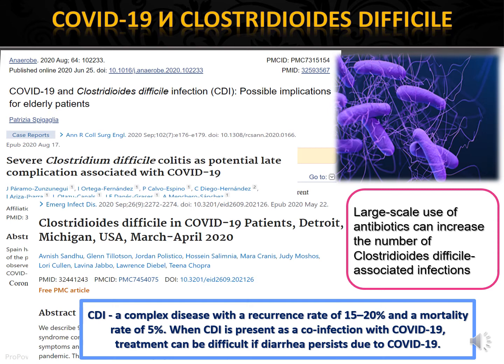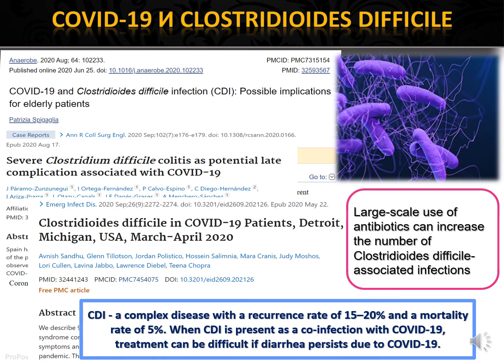As you see, it's a very complex disease with a recurrence rate of 20%, and in some situations a mortality rate of 5%.